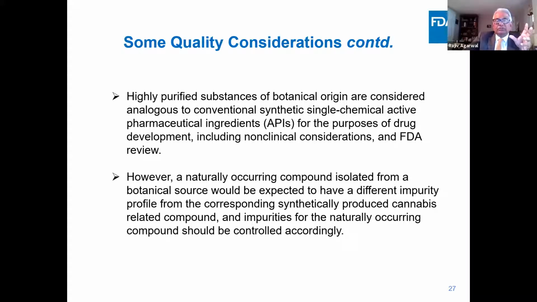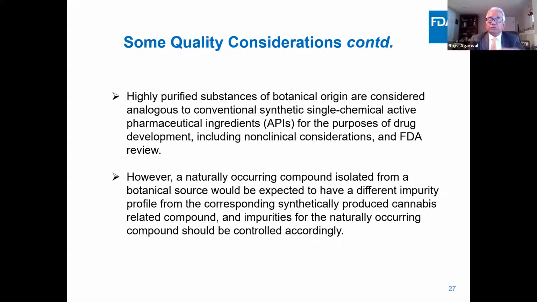So these things are important, but the impurity profile that you will see in highly purified cannabidiol coming from the plant will be different if you synthesize the molecule using a synthetic pathway, which will generate different impurities.